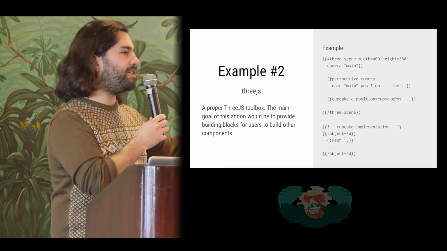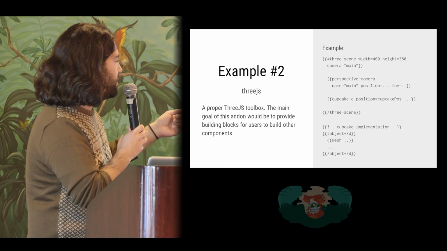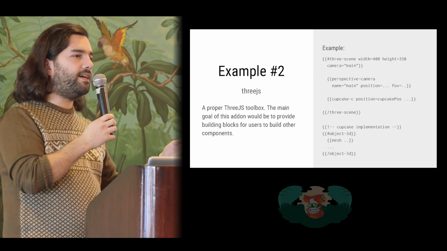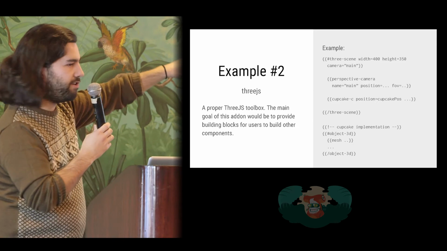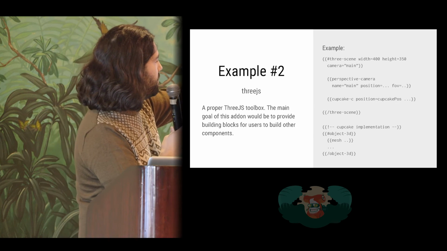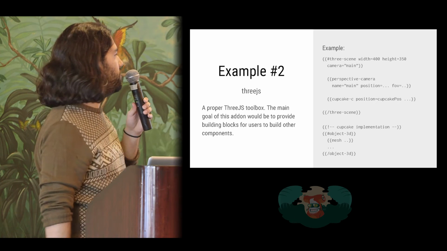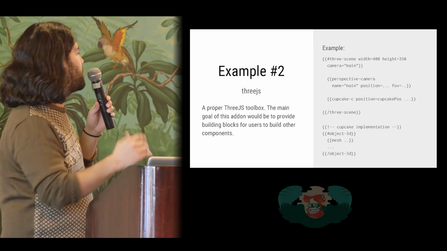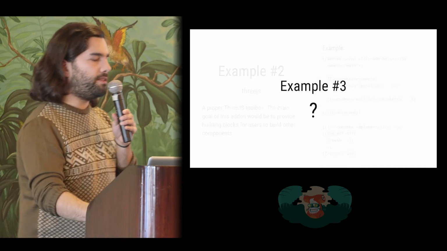What is a cupcake? It's an Object3D. It has the mesh, the material, and it has the following texture, following size, whatever. Then you would use the cupcake component inside a 3JS scene. The 3JS scene declares which camera is the main camera. You could possibly declare multiple cameras. This is just an idea. So the thing here is that you could be the next champion of a pretty cool add-on.